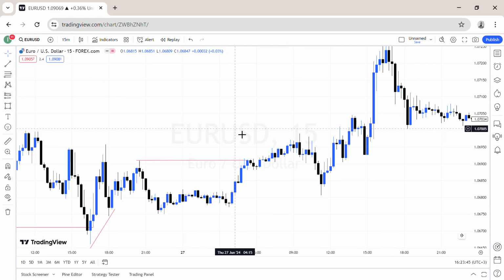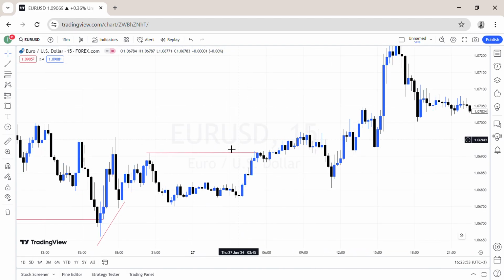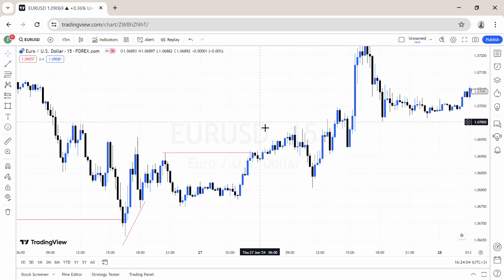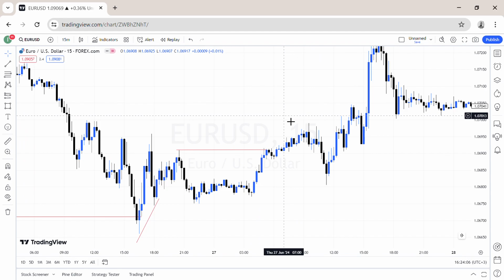So a market structure shift can be significant in trading the reversal at this point. So when the price traded above this high, the most recent high, and we see a couple of candlesticks closing above, that is a valid market structure shift for me, right?